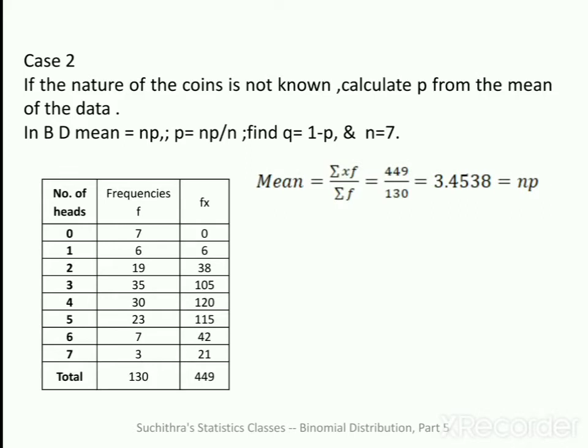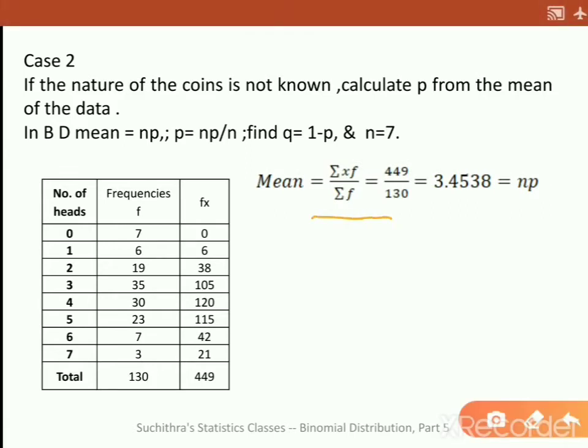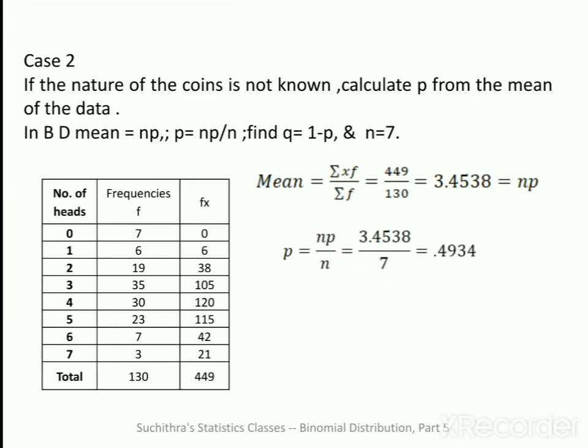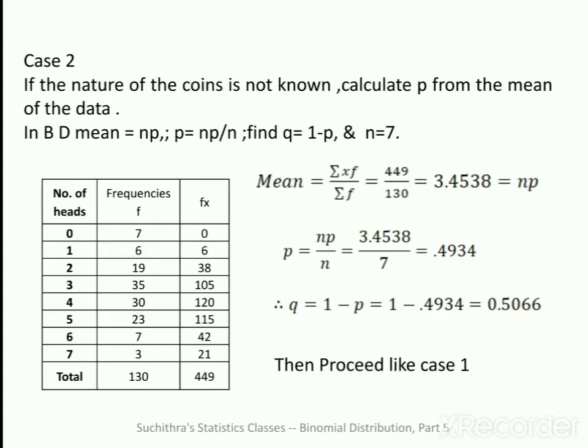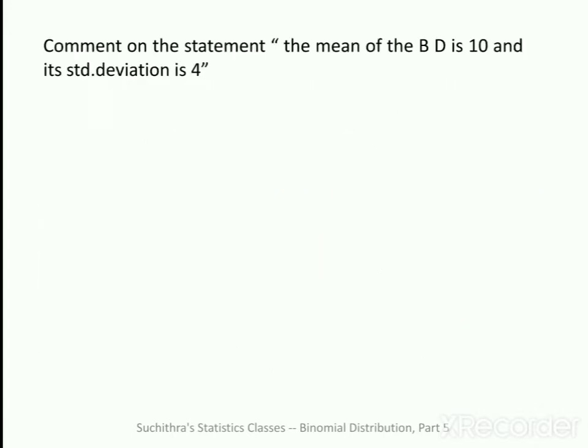So mean is equal to summation x f x divided by summation f, that is 3.4538, that is np. So p is 0.4934, q equal to 0.5066. Now proceed just as in case 1. You can easily fit the binomial frequencies. Remember, you have to adjust the frequencies in such a way that the total is 130.